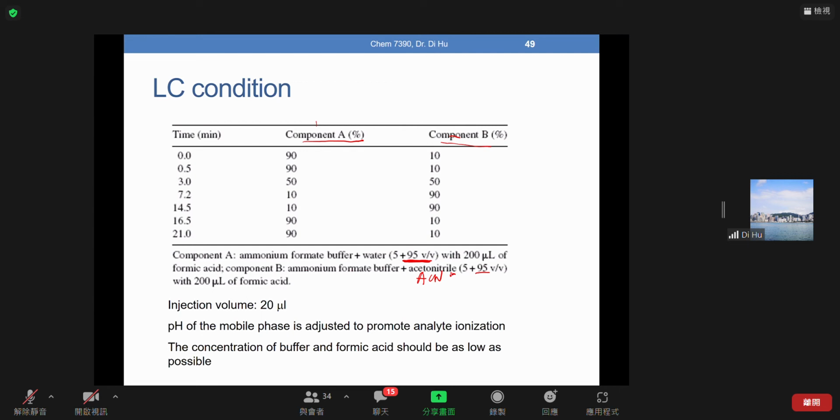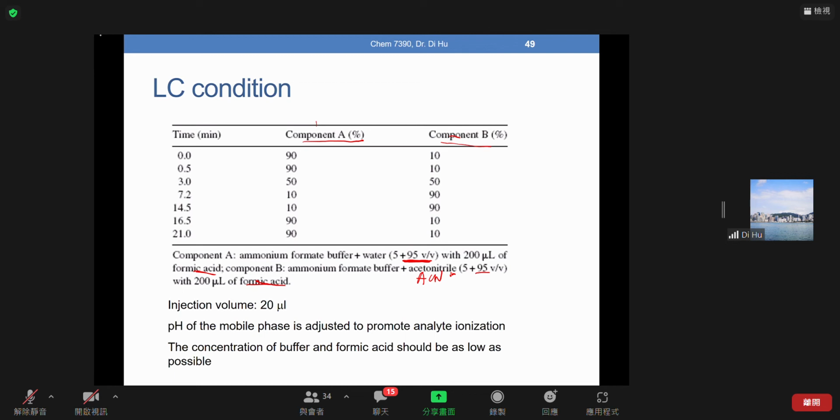And also you see that adding some formic acid, because we are focused on the LC part, right? The reason for that, I think you already know. Why add some formic acid? Now we're using ESI, right? It just helps the analytes to be easily ionized in ESI.